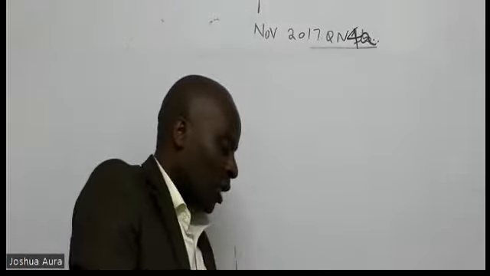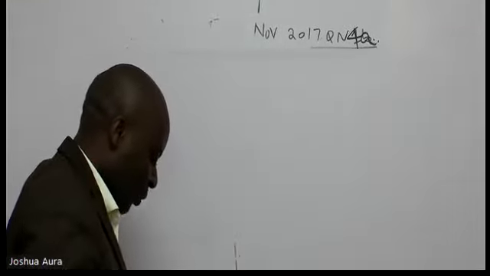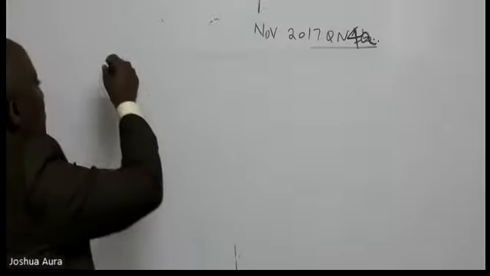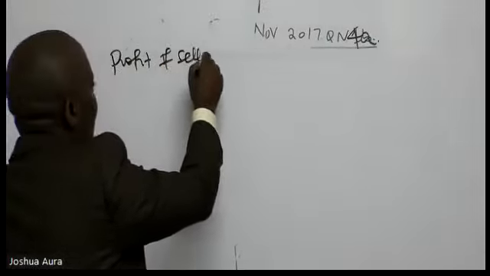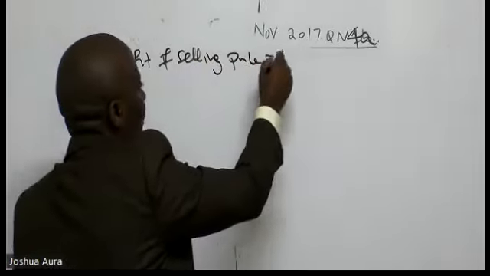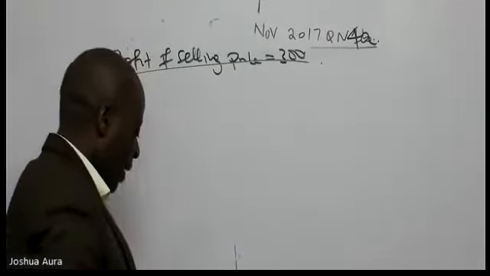So I would want us to look at, if the selling price is 300, what will be the profit we shall make? So profit, if selling price equals 300, 3 possibilities here of volume.